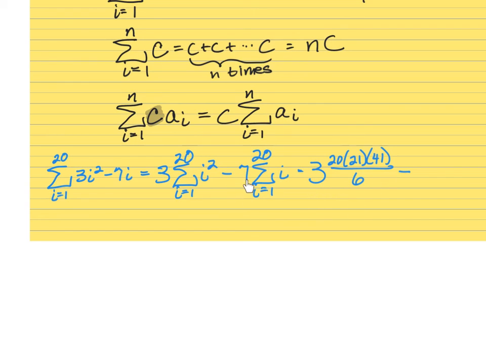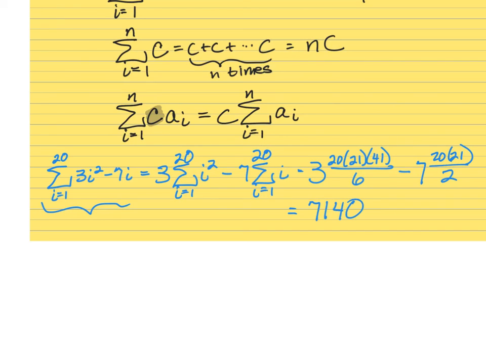And then we're going to do minus 7 times the sum of the first 20 integers, which using our formula is 20 times 21 over 2. And so if I work all that out, I will have this complicated sum just by being able to break it up into these simpler sums.